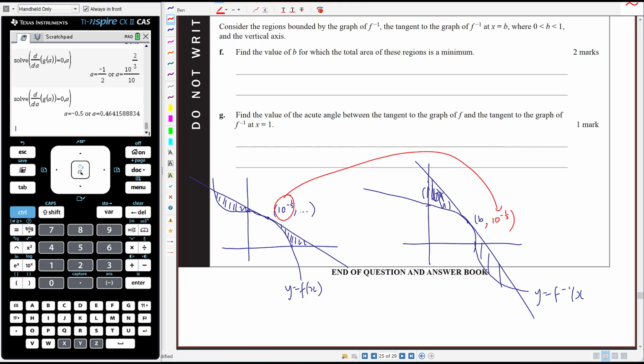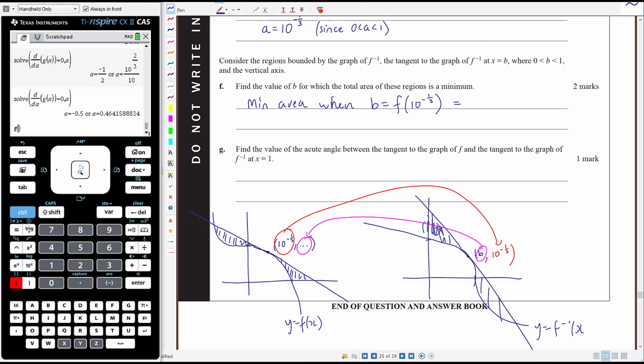And so therefore, b is going to be equal to this y value here. Okay, so we're going to get minimum area when b is equal to f of 10 to the power of negative a third. Okay, so we just need to find that.